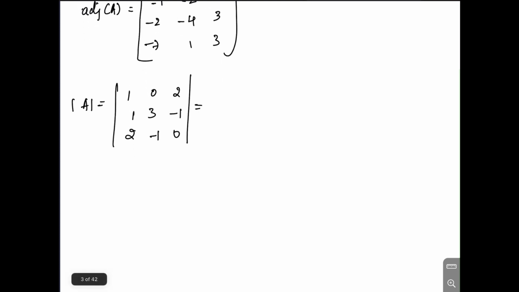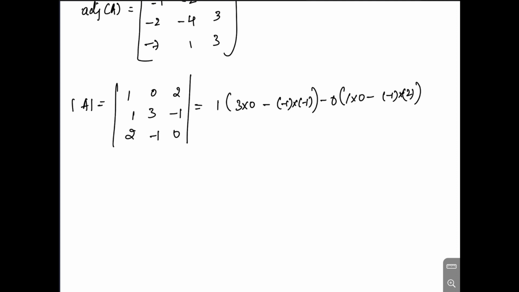Let's find the determinant of the matrix A. 1 into (3 into 0 minus 1 into minus 1), minus 0 into (1 into 0 minus 1 into 2), again plus 2 into (1 into minus 1 minus 2 into 3) here.